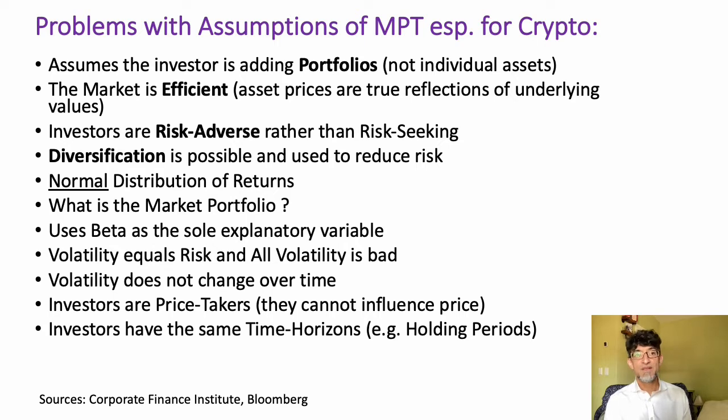Number 2, it assumes that the market is efficient, that asset prices reflect the underlying values. And we don't even know if this works for stocks, right? And we saw what happened way back in February 2021 with the meme stocks, the Robinhood stocks.